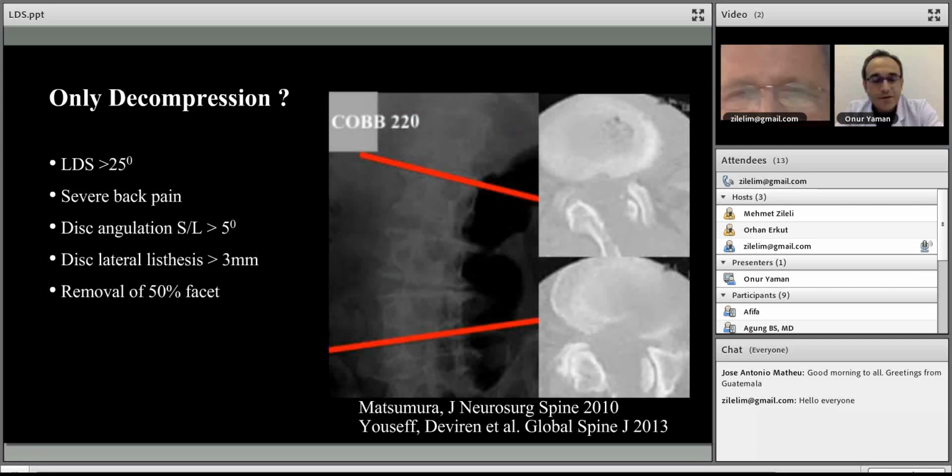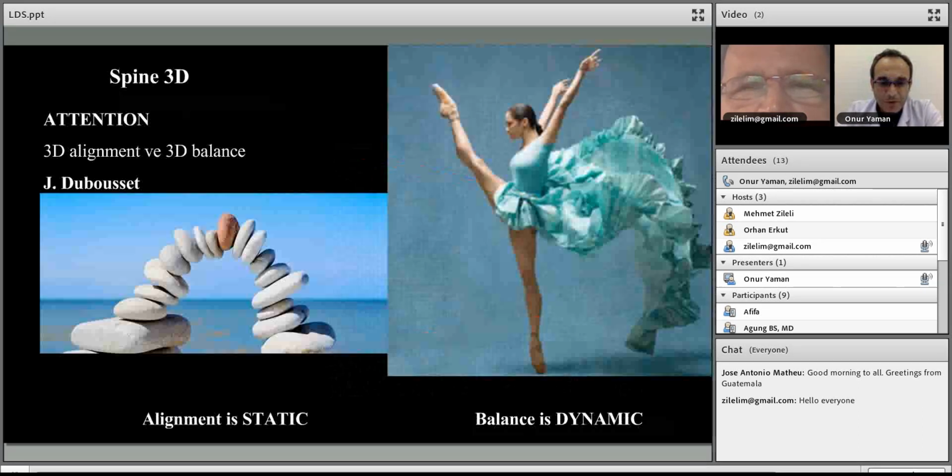And according to the literature, if the scoliosis is greater than 25 degrees, and back pain is the common symptom, and if the lateral listhesis is greater than 3 millimeters, and during the surgery, if we remove 50% of the facets, we have to decompress and also stabilize these patients.